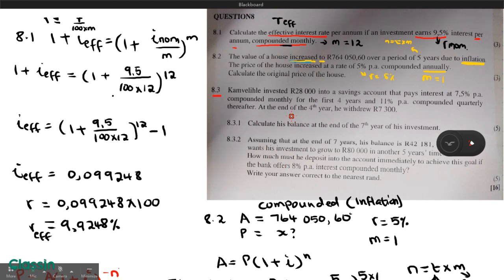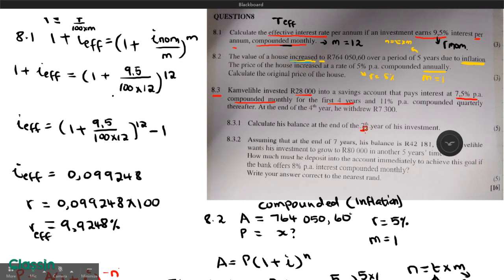So if we take note, this person invested this money, so it means that this money is going to be in the account for a period of 7 years. But the interest rate was 7.5% per annum compounded monthly for 4 years.